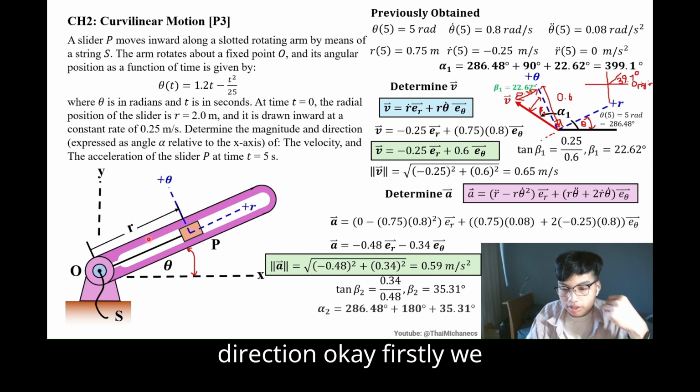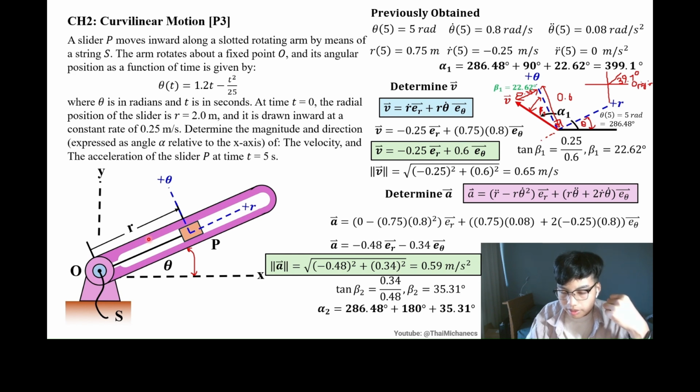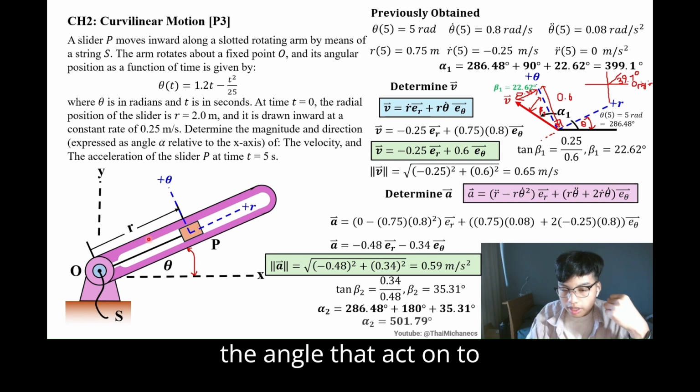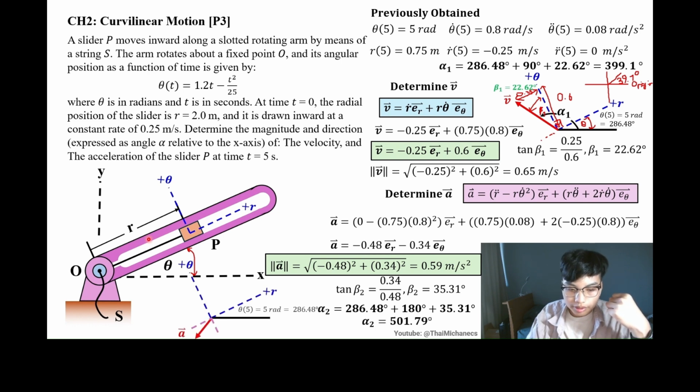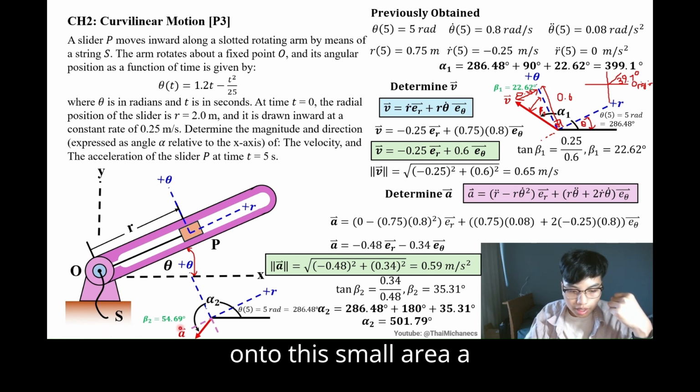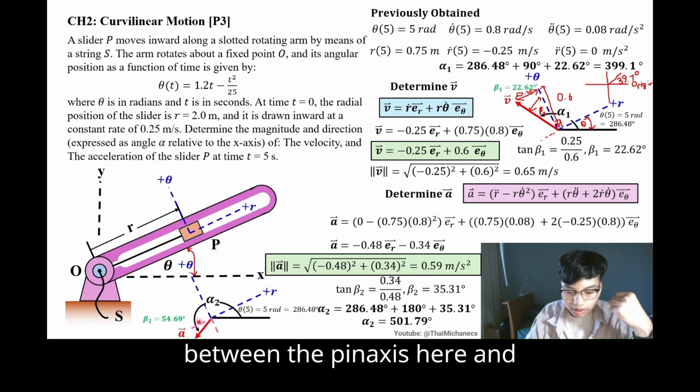Firstly we calculate the angle beta 2, the angle that acts in this small triangle here. Beta 2 indicates the angle between the pink axis here and the acceleration vector.